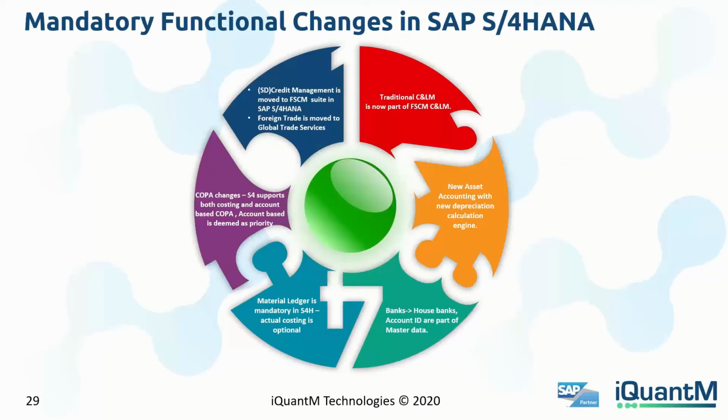These are other functional changes that customers have to mitigate to successfully get converted into S4. Basically, cash and liquidity management is now moved to the FSCM suite. It's a separate license by itself. The traditional credit management, which was available in sales and distribution, is no more available; you have to go for the FSCM suite. Foreign trade is now global trade services. You have new asset accounting as the predominant functionality.